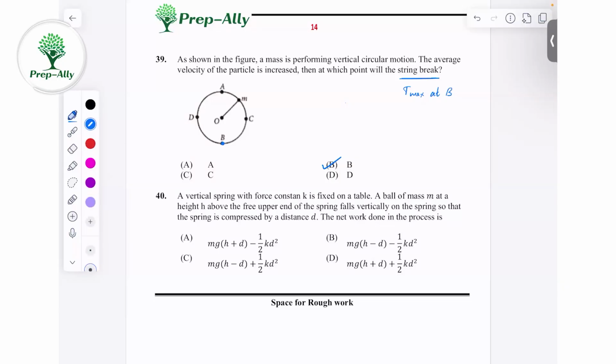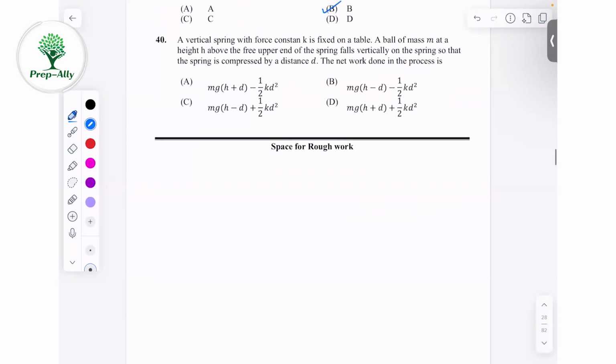Question 40. A vertical spring with force constant K is fixed on a table. A ball of mass m at a height h above the upper free end of the spring falls vertically on the spring so that the spring is compressed by a distance d. The net work done in the process. So let us say the mass is somewhere here, m.